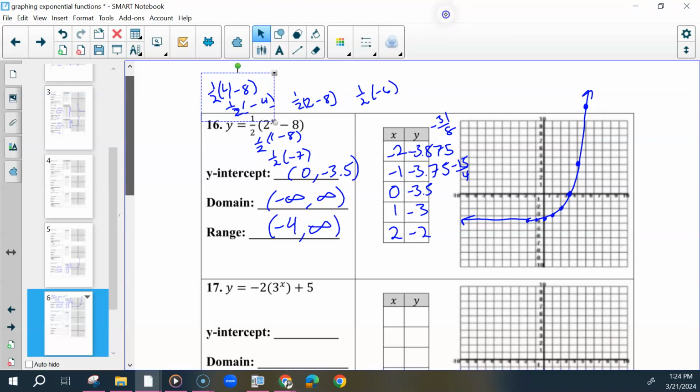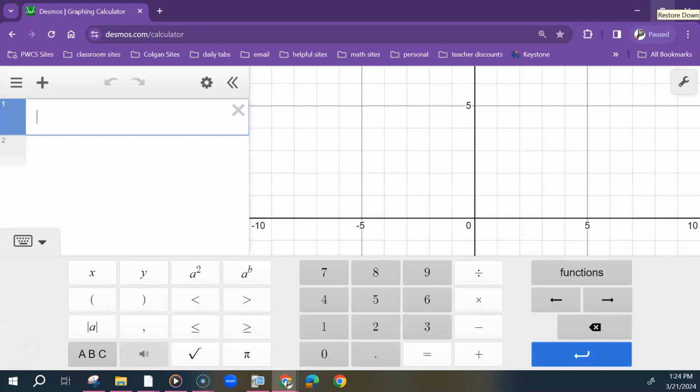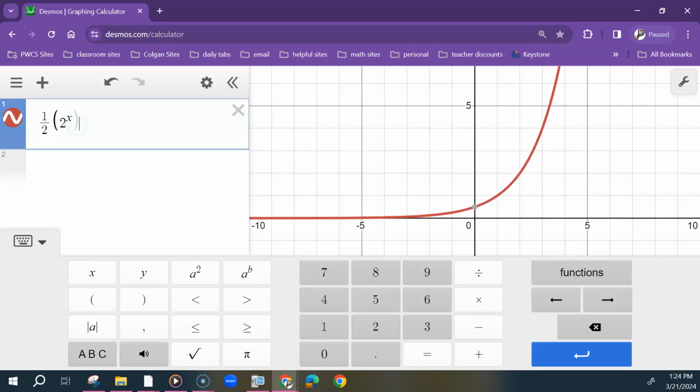Also, I wanted to show you this on Desmos just because I keep saying it's getting really, really close to this point, but then you don't actually see it. So let's say I put in that function that we just did, 1 divided by 2, parentheses 2 raised to the x, and then minus 8.